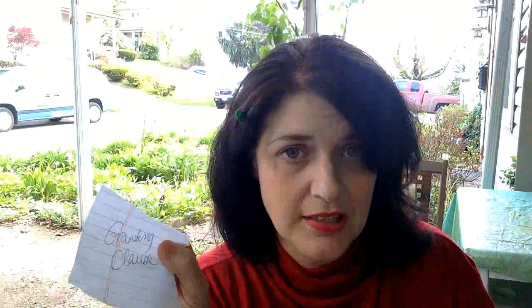Next one is going to be your granting clause. This is where that language is: I, the grantor, am granting to you, grantee, this property. These are words of conveyance, and they're going to be found in your granting clause. Your granting clause is going to be followed by probably your warranty clause.